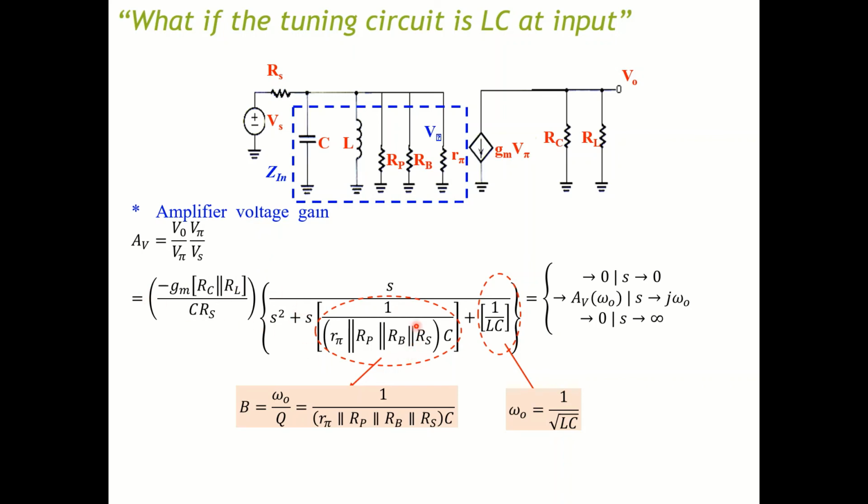However, I'm just going to skip it, because as you can see at the end, the main source that dominates your gain is actually coming from RC and RL. So there's not much we can do here to change the gain. This type of circuit lets you tune the bandwidth and the resonant frequency instead of your voltage gain or amplification gain.